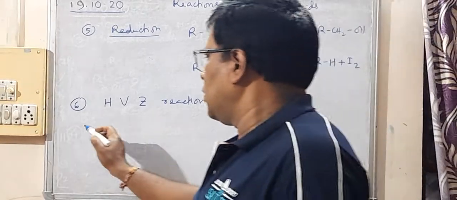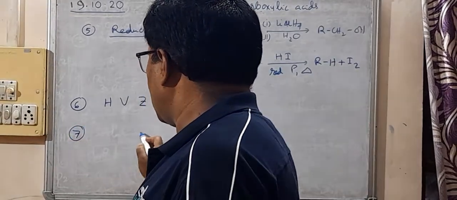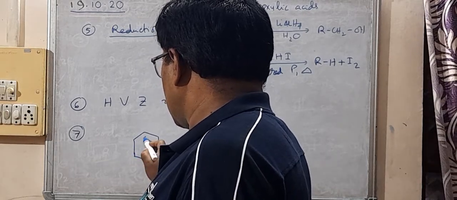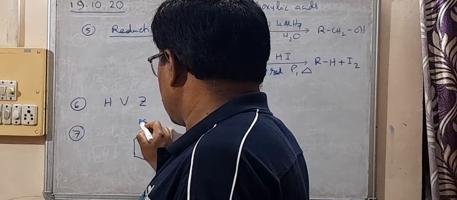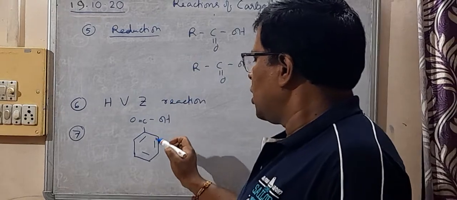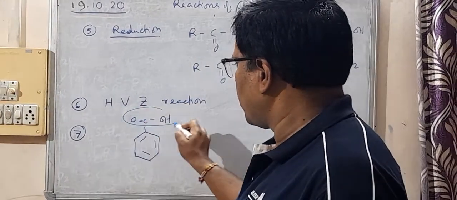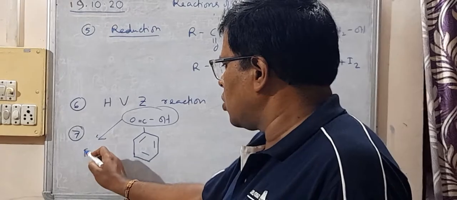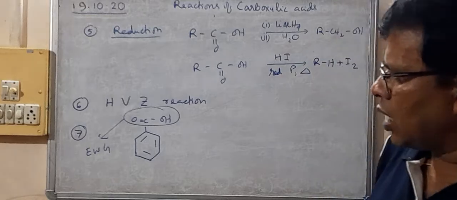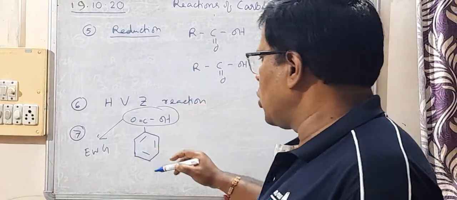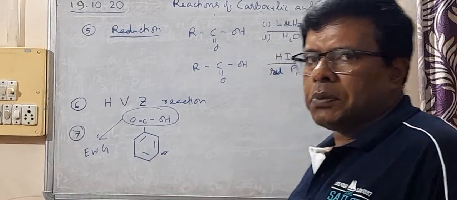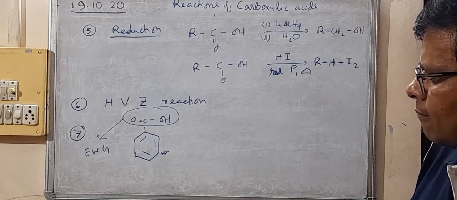And finally, with aromatic carboxylic acid, suppose benzoic acid, since the carboxyl group is an electron withdrawing group, when we carry out electrophilic substitution reaction, the incoming group will come at the meta position, and we will get the meta product.